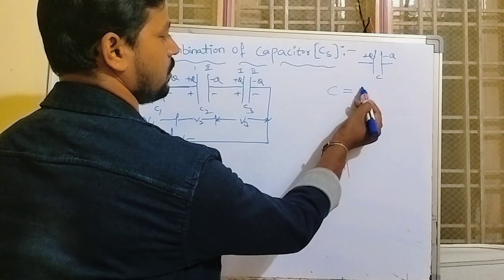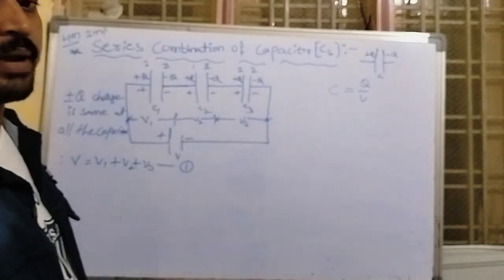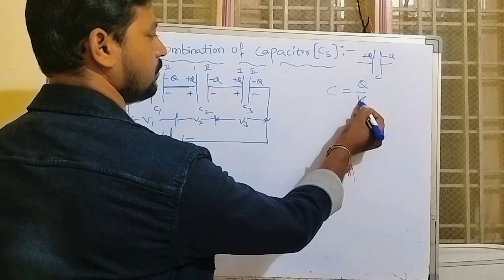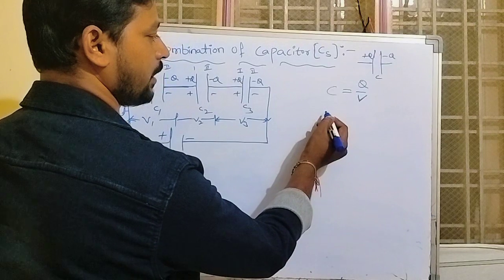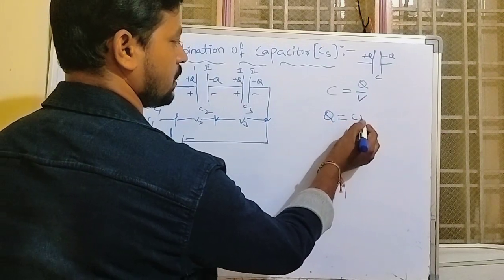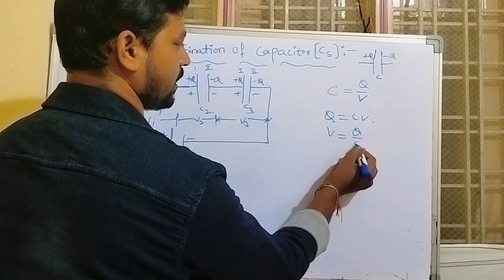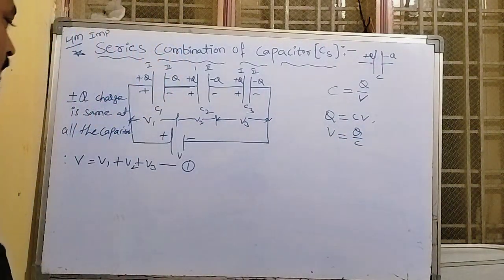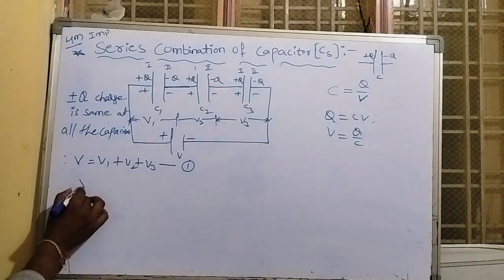C is equal to Q by V, that means charge by potential difference. We can write Q is equal to CV and V is equal to Q by C also.